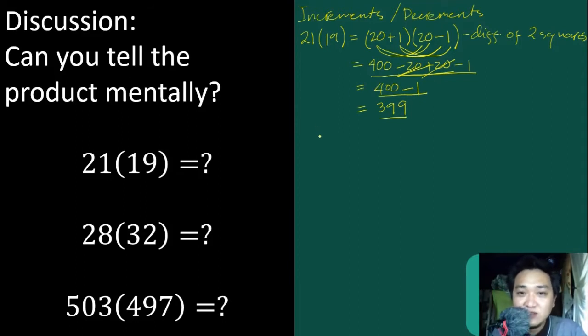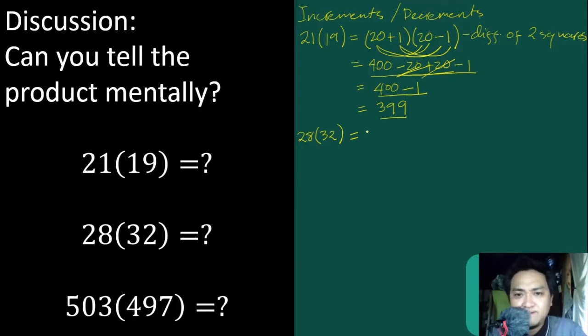O subukan natin ulit sa pangalawang number. Let's say you have 28 times 32. Again, i-express uli natin sila in terms of their increments and decrements, or decrements and increments in this case.